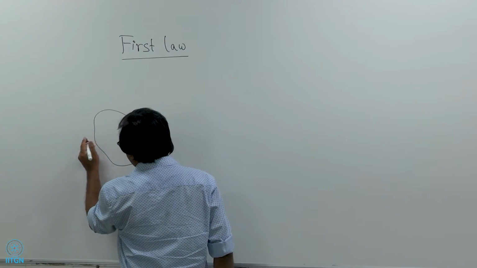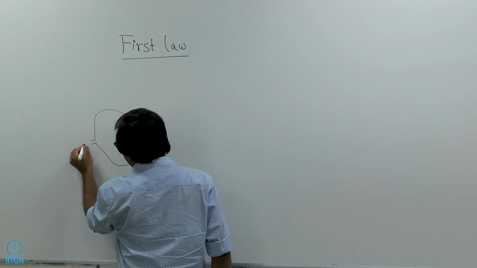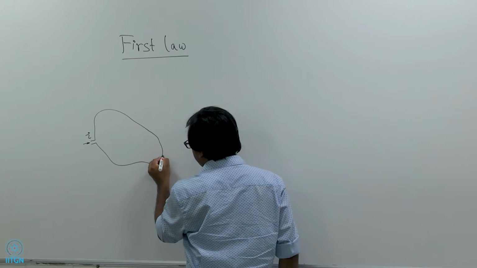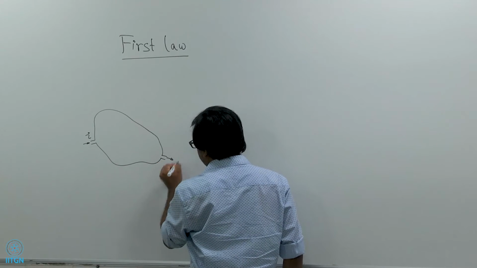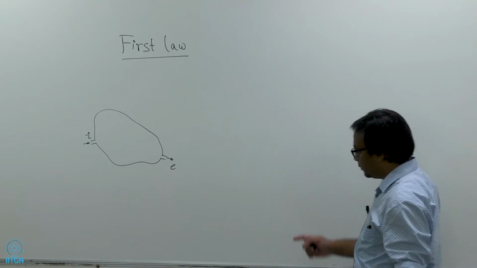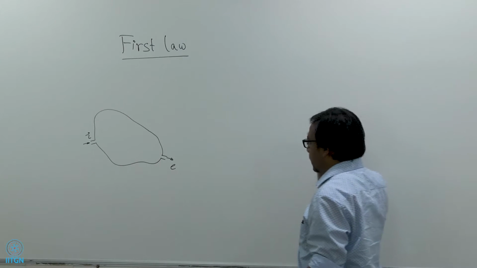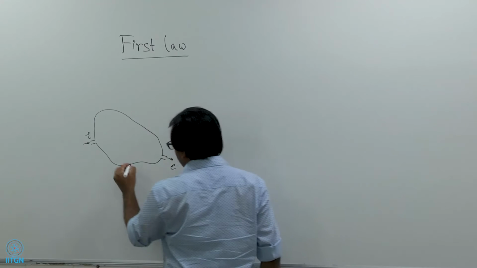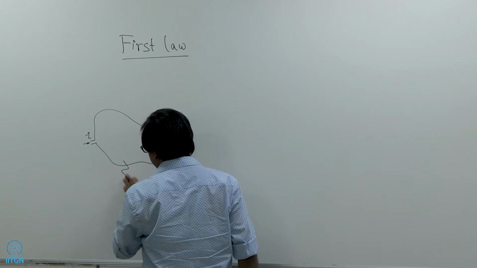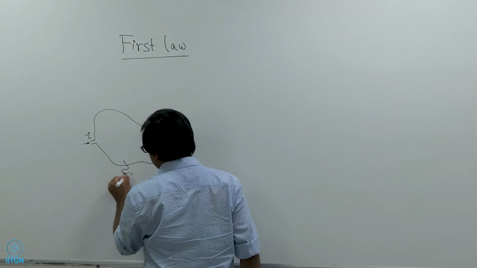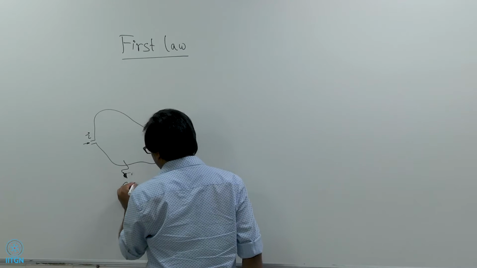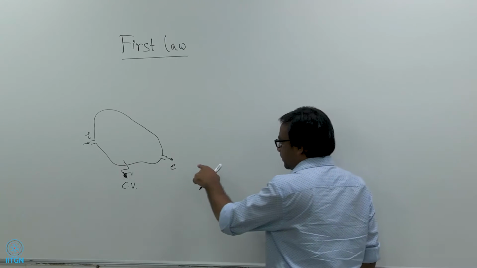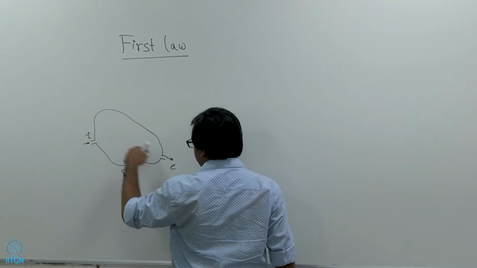You might have an inlet here, which we might call I, and you might have an exit here, which we can call E for exit. And this is the control volume.